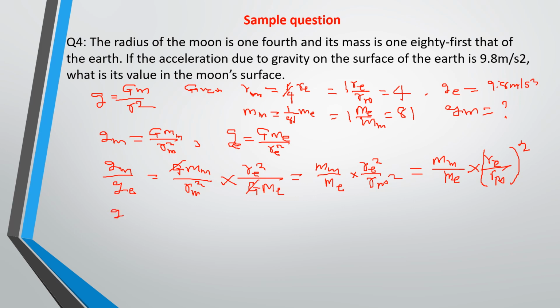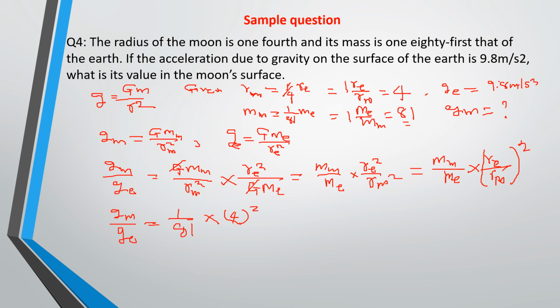You have g moon all over g Earth equals mass of the moon over mass of the Earth. Mass of the Earth over mass of the moon is 81, so it is the inverse of 81. That will give you 1 all over 81 multiplied by radius of the Earth over radius of the moon, which is 4, so multiplied by 4 squared.